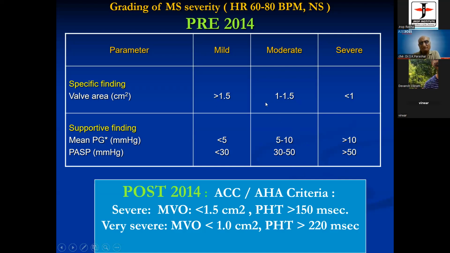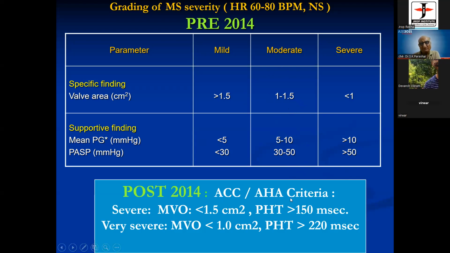Many of the persons are not aware of this. Now suppose the area is 1.3 centimeters square. So what we write in our report is severe, in brackets ACC-AHA criteria 2014 mitral stenosis. Otherwise tomorrow they will think that since when did 1.3 centimeters start becoming severe, it was always moderate.